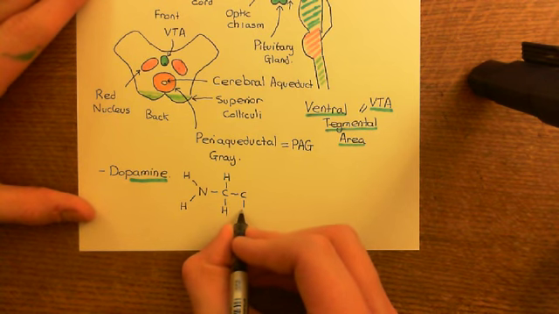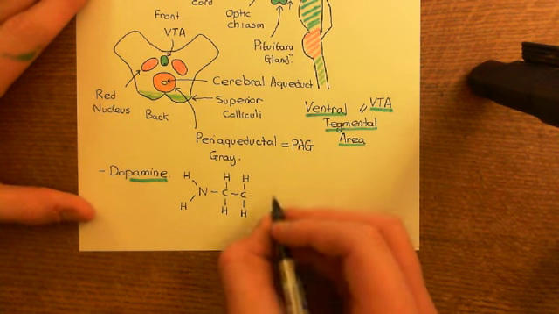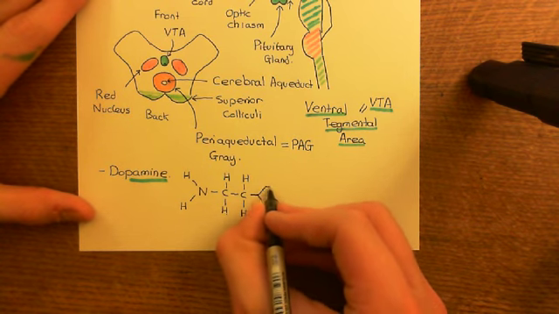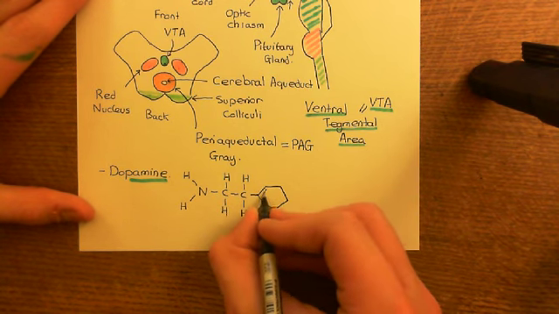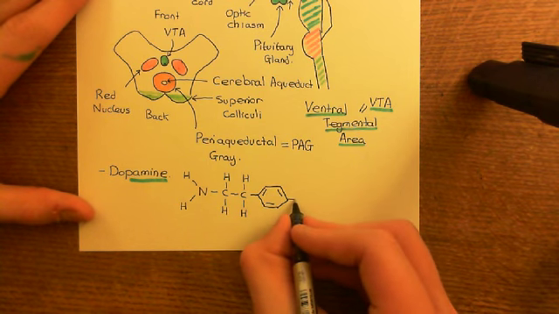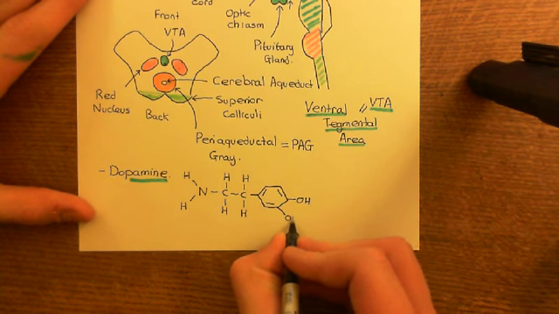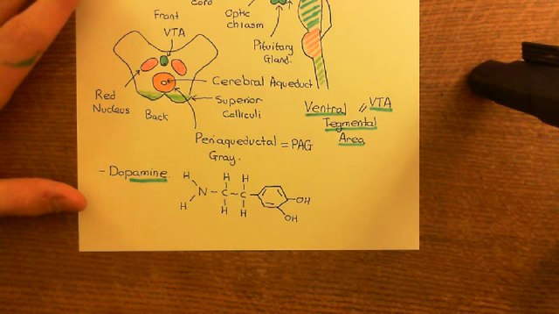There's one methylene group, here's a second, and together they're known as an ethylene group. Then off the ethylene group you have your benzene ring, with its alternating double and single bonds, and off the benzene ring you have two alcohol groups, one here and one here. So that is the structure of dopamine.